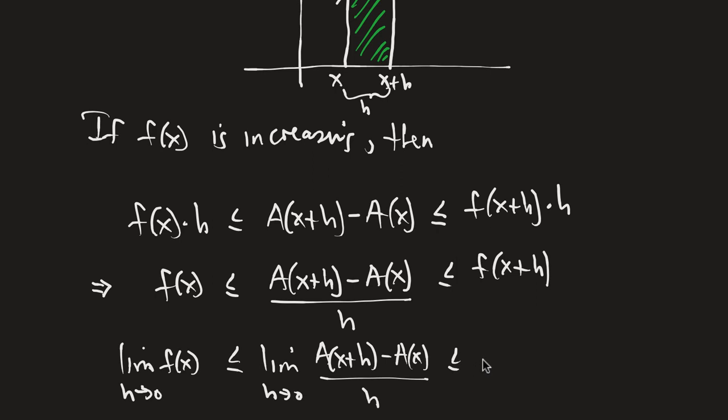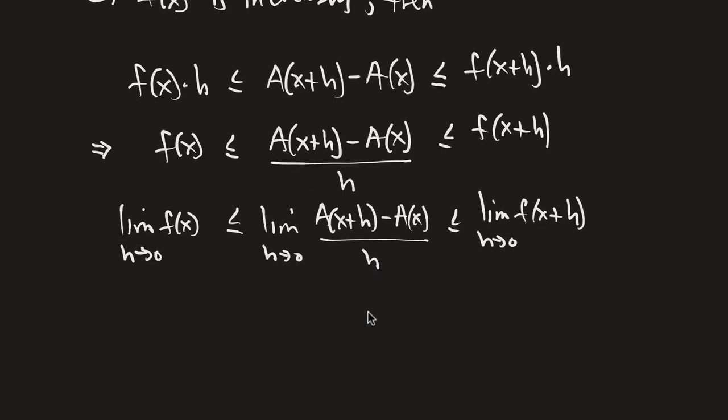And then that's less than or equal to the limit as h approaches 0 of f of x plus h, right? And what we're essentially using is that wonderful squeeze theorem from Calc 1, right? So we have this inequality.